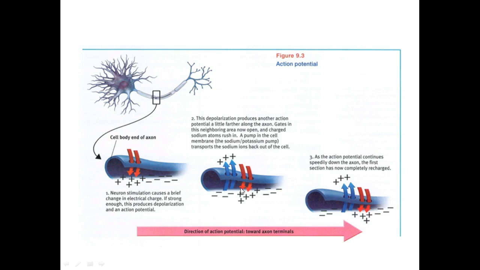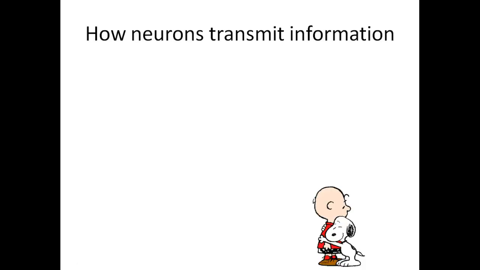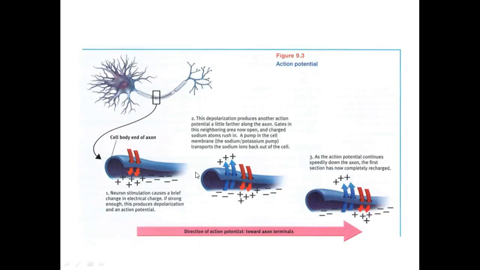As it comes in, potassium pushes back out, returning the inside of the axon back to negative as the message continues to move down through the axon terminal. So it comes in as positive, sends it right back out, so it establishes a negative again, and then again just kind of keeps moving down.